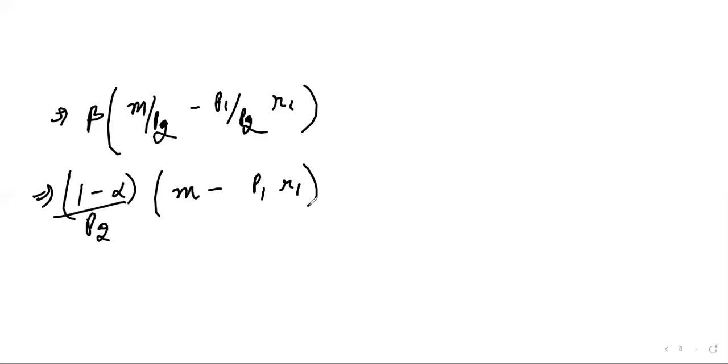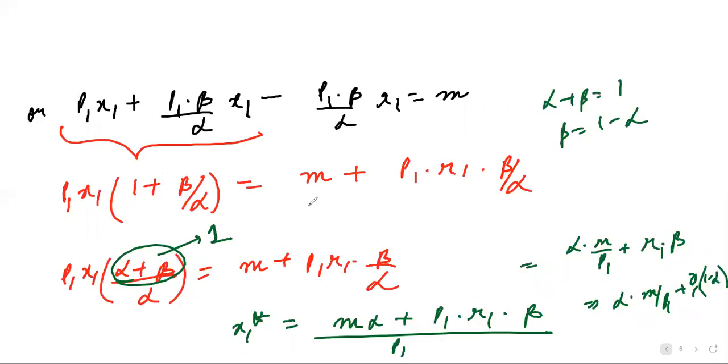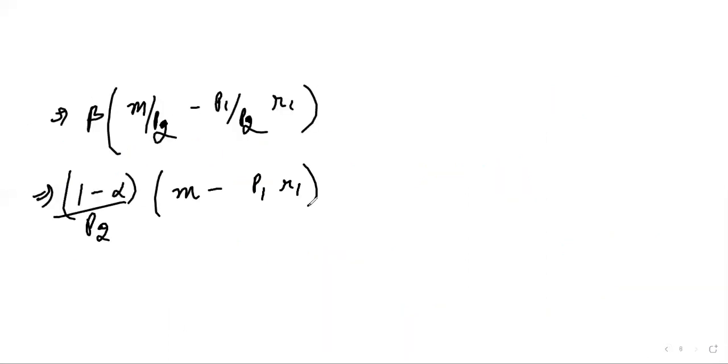But for now, what you can do is the following. You can now solve for lambda also, okay? But what is important here is the following. I wanted to find out x1 star and x2 star, and I have got my x1 star as alpha into M by P1 plus 1 minus alpha into R1, and I've got my x2 star.